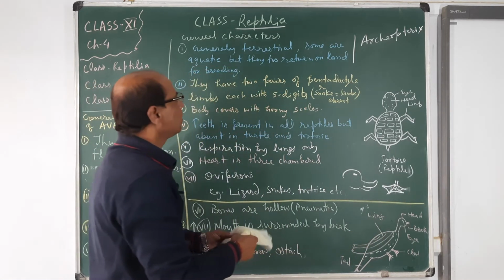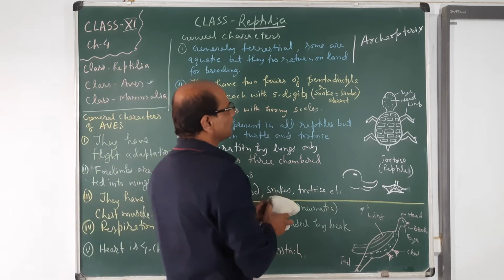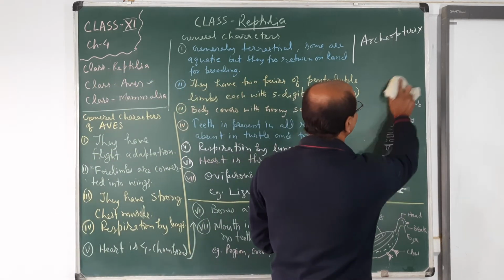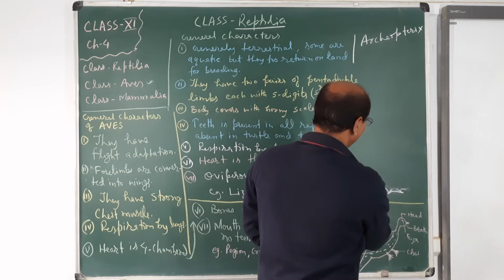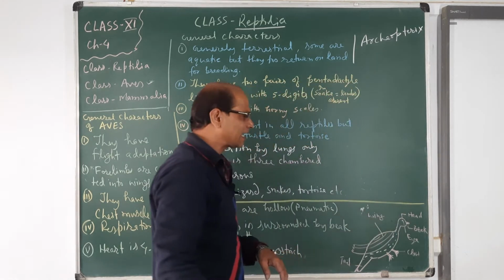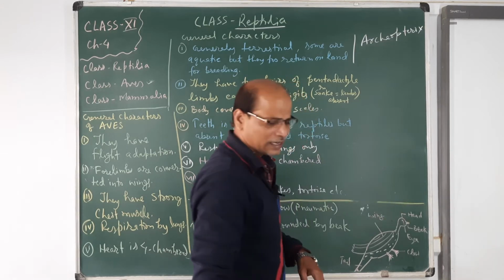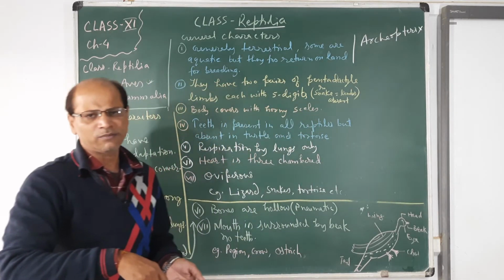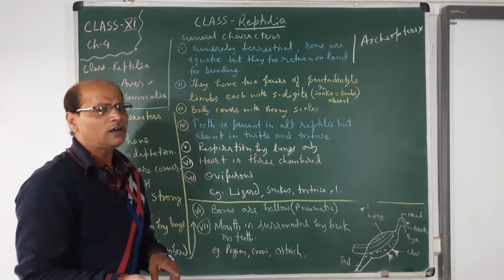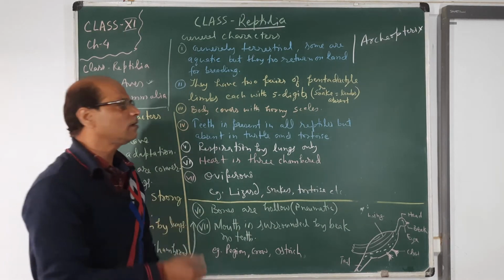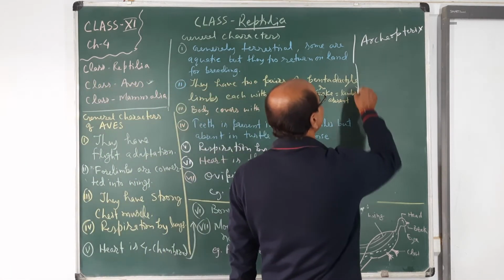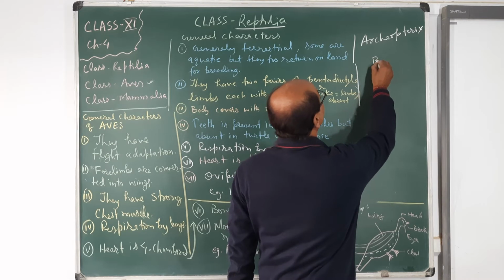So in Archaeopteryx, some characters of a bird are present and some characters of a reptile or snake are present. Due to this similarity, we can say either the birds evolved from the reptiles, or the reptiles evolved from the birds, either of them.